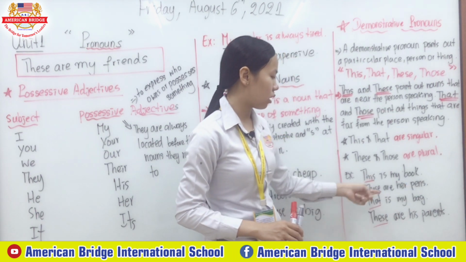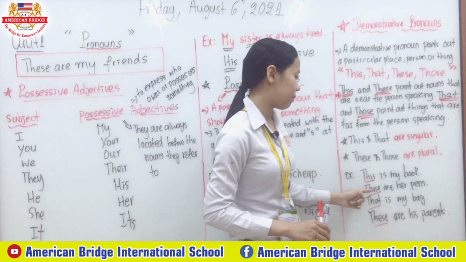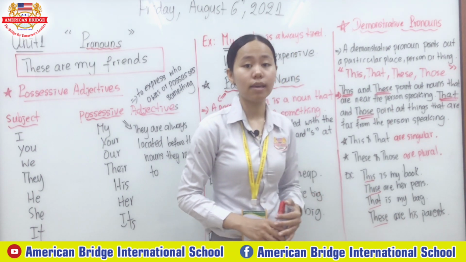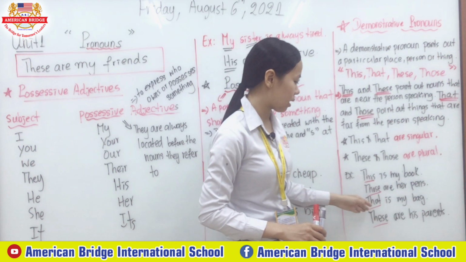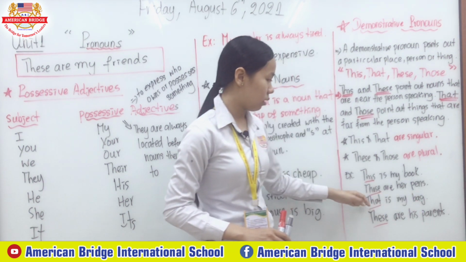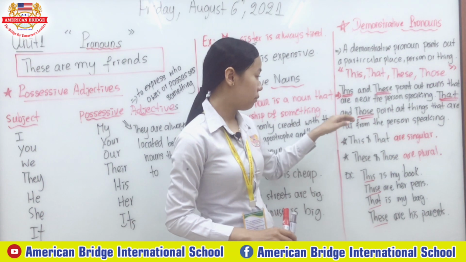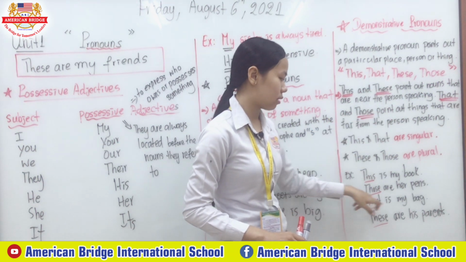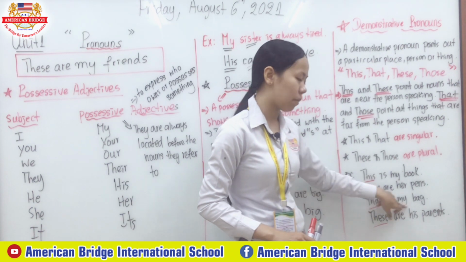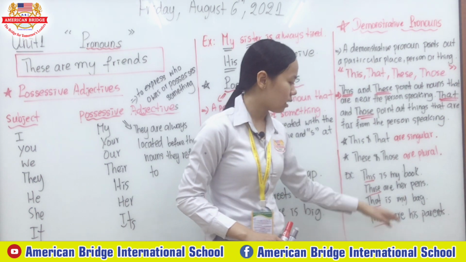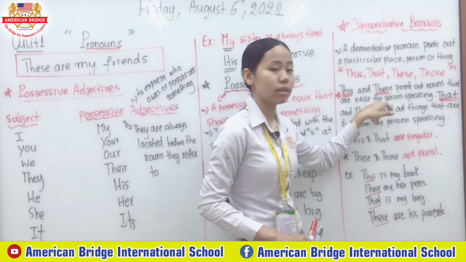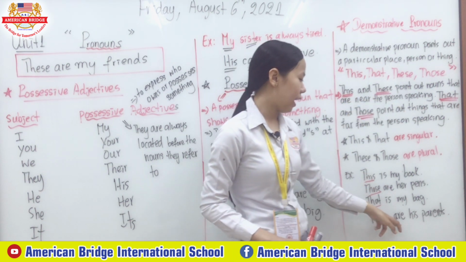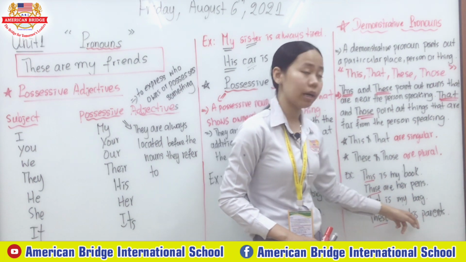We use those to point out something that is far from the speaker, and it is plural. While that, for example, that is my bag. We use that to point out something that is far from the speaker, and it is singular. And these, we use to point out nouns near the speaker, and it is plural. So these are his parents.